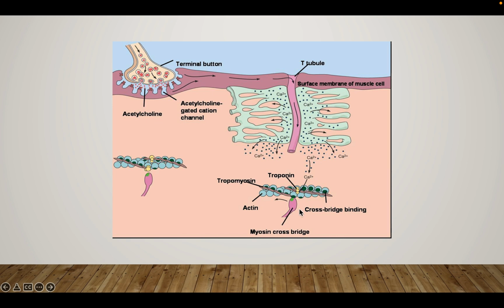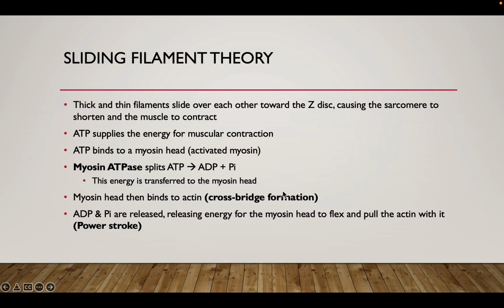This process of moving the myosin head across and the head binding with the myosin head binding site on the actin is called cross bridge formation. So the myosin head has now formed a cross bridge and is connected to our thin actin filament. We're going to stop there, and we'll pick up with the sliding filament theory in part 5.